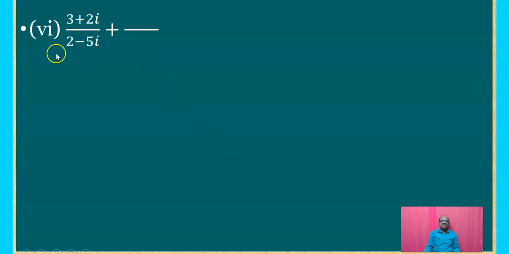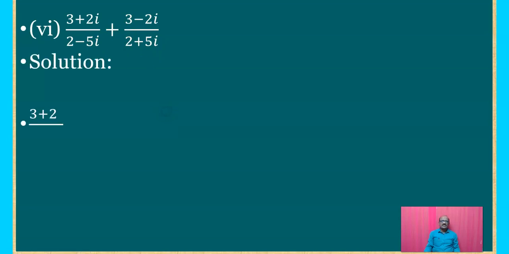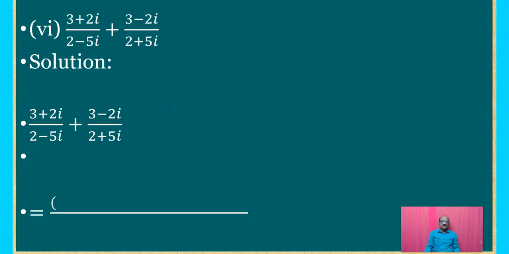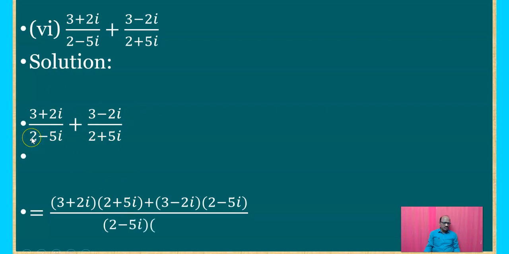Next is (3 + 2i)/(3 − 5i) + (3 − 2i)/(2 + 5i). It's a solution. Cross multiplication: (3 + 2i)(2 + 5i) + (3 − 2i)(2 − 5i), upon (2 − 5i)(2 + 5i).